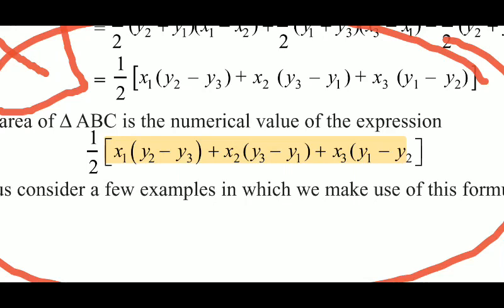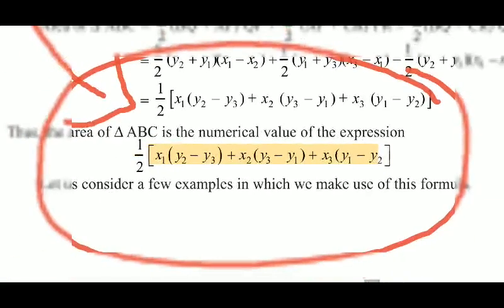With the help of this formula, we can find the area of a triangle when the points A, B, C of a triangle are given and whose coordinates are (x1, y1), (x2, y2) and (x3, y3). We use this formula to find the area of a triangle. And there is a special case.